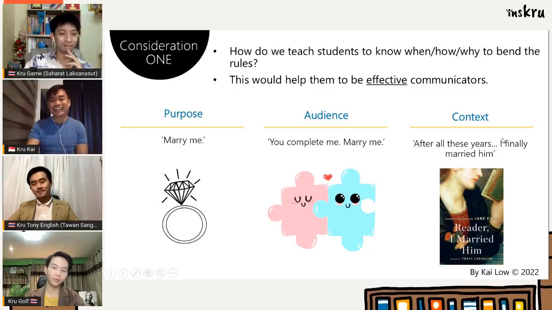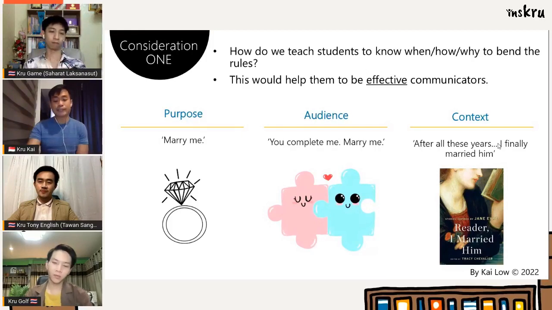And if this I is a female, then this speaks to the spirit of feminism. So the point that I wish to convey to all of us today is this. The rules are very important, but they're only the beginning of the teaching of English language and the learning of the language. When we teach our students how to bend the rules, why they bend the rules, and when to bend the rules, then they become a lot more effective as communicators.